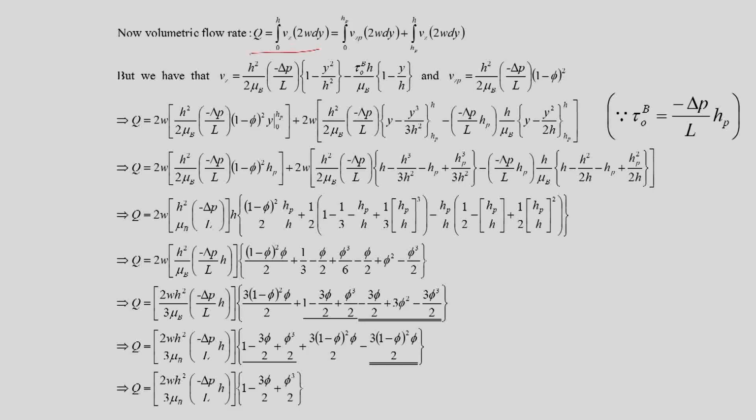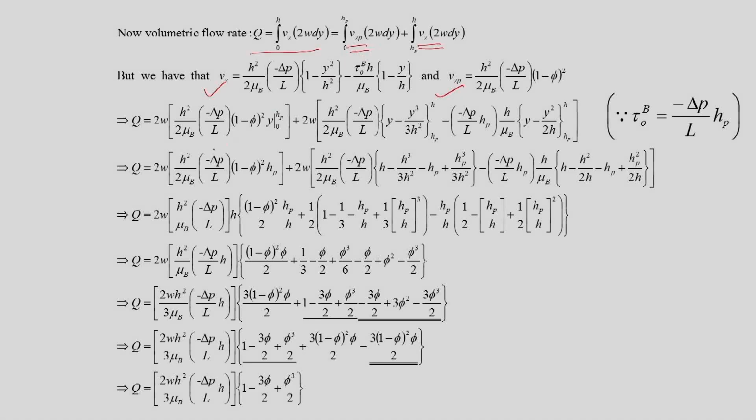But V z has two components: the plug velocity between y equals 0 to h p, and the shearing velocity between y equals h p to h. V z p we have already derived, so let us substitute them here.